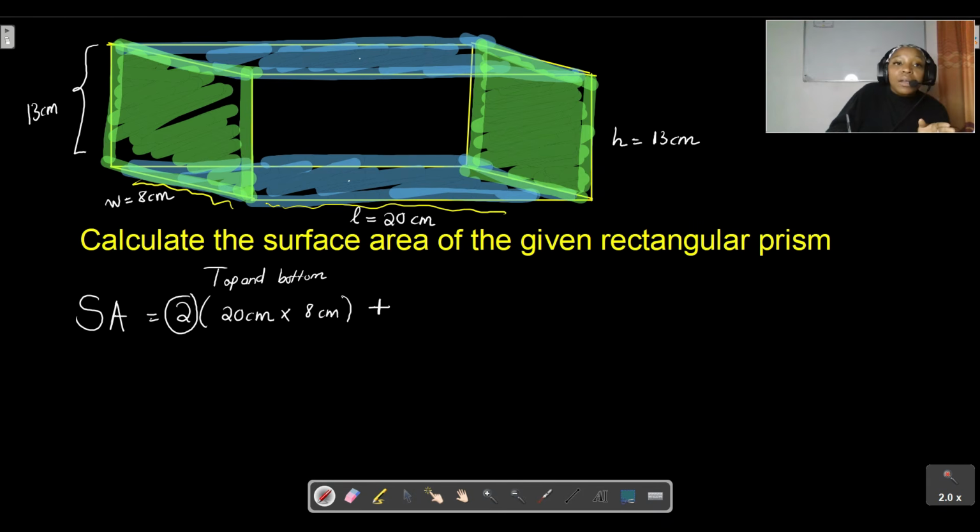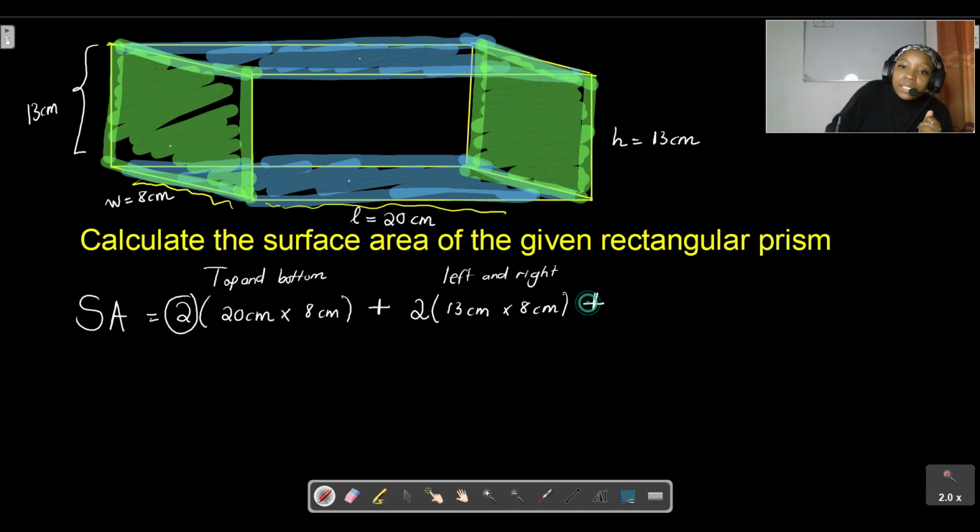So to calculate the area of that face, you would take that 13 centimeters multiplied by that 8 centimeters, multiplied by 2, because we've got 2 of those faces that share the same dimensions. So you can just multiply by 2.